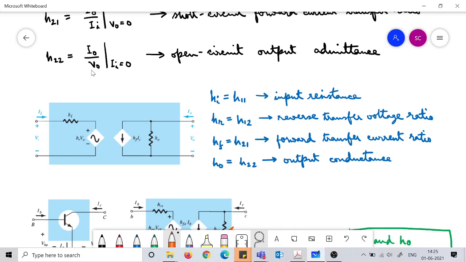These H parameters, they are called the hybrid parameters. These are nothing but ratios of system variables which we are able to measure. So we can calculate them given any system. You have any system, you identify the input port, you identify the output port. Now you do a few experiments and you are able to obtain the H parameters.